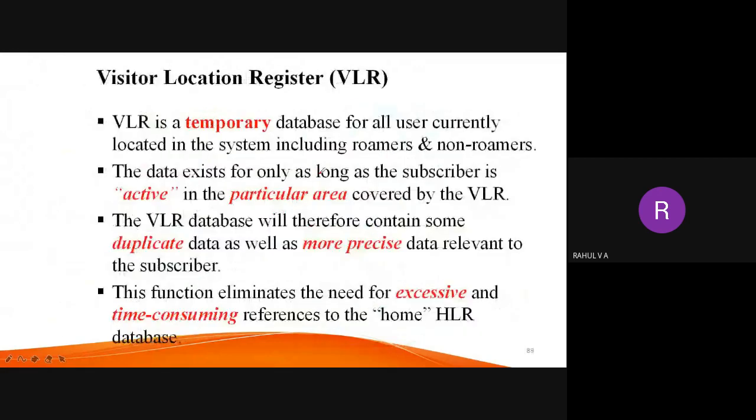Now about VLR, it is a temporary database for all users currently located in the system, including roamers and non-roamers. Okay, so that means when a person moves to a particular area, all details about his geographical area, whether he is roaming or not roaming, everything will be stored in the visitor location register.